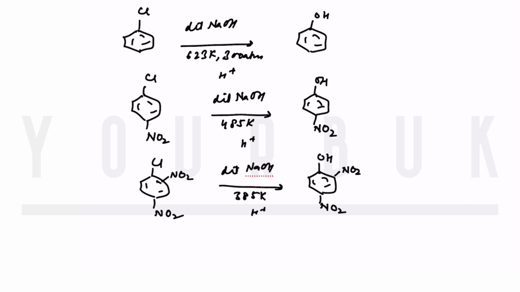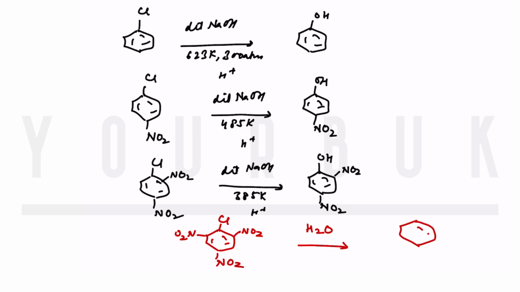We can simply write dilute NaOH. Now if we have 3 nitro groups present, the reactivity is so high that this can be hydrolyzed even by the moisture in the air. The reactivity is so high now in this case.